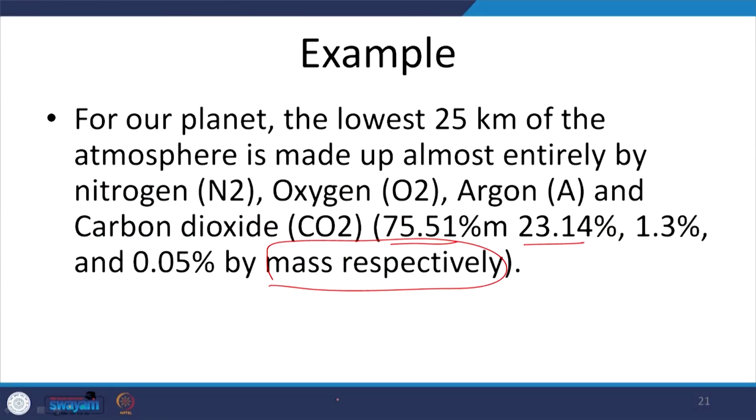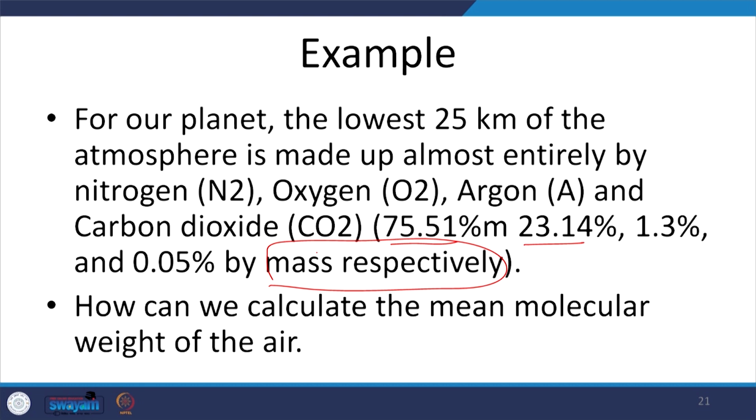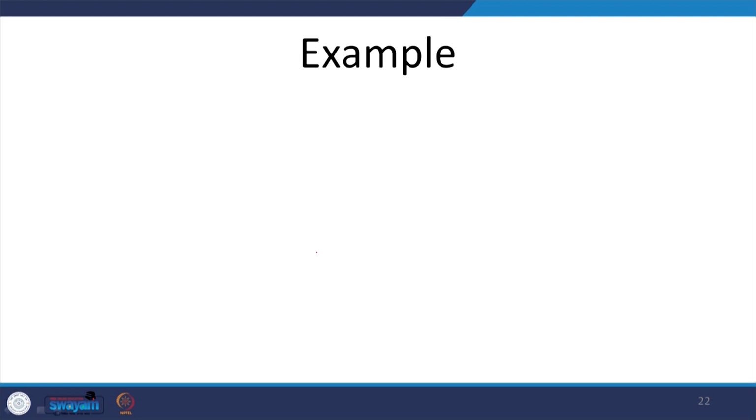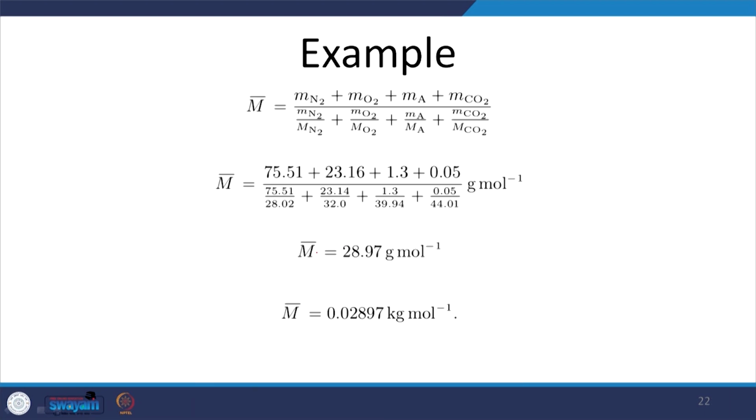Now we know the molecular weights of these species, so we can calculate the mean molecular weight of dry air. How can we calculate it?